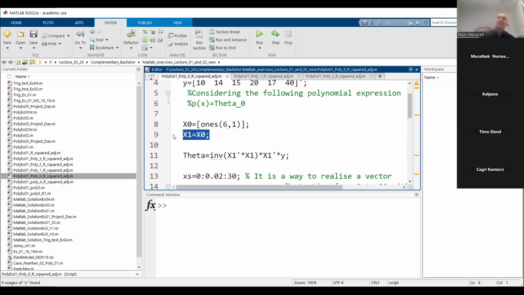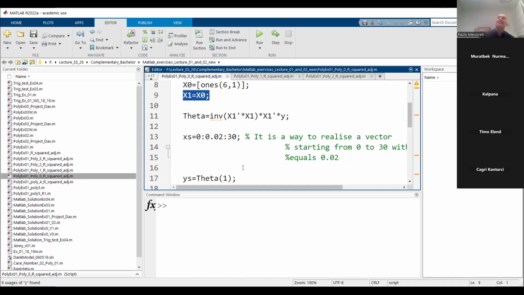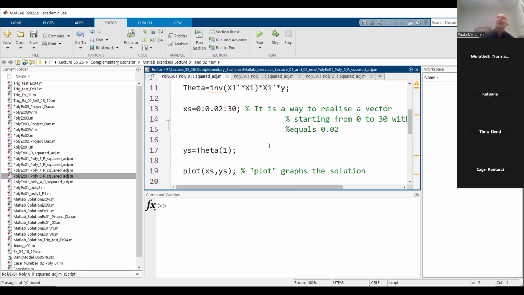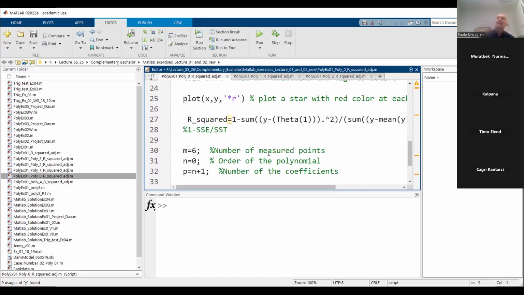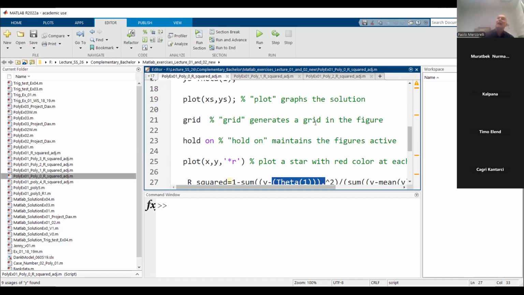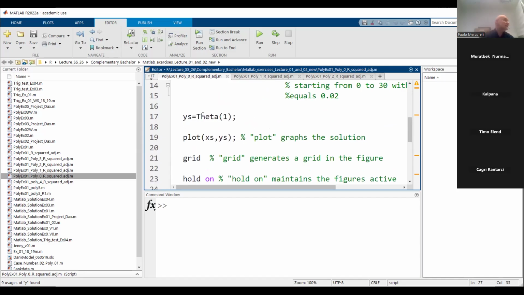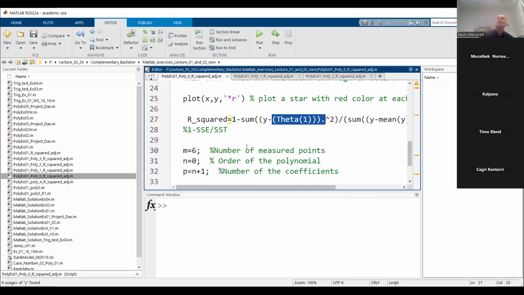Here I change just the variable because I don't want to change anything in the rest. This does not change anything. Do you remember last time I clarified that we have R squared? Here we can put, instead of this relatively long expression, which in this case is not long, but when we consider higher order polynomials will be longer, you can write directly ys. It's clear, but I put it for the students in order to be clearer.